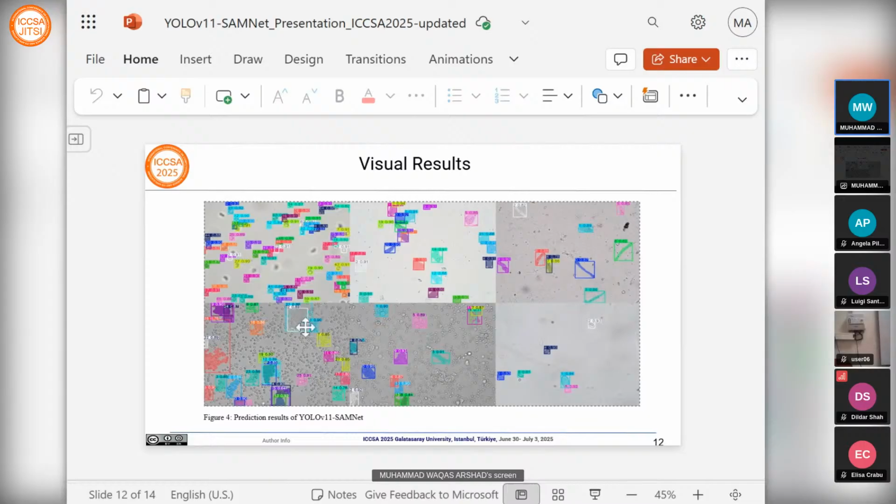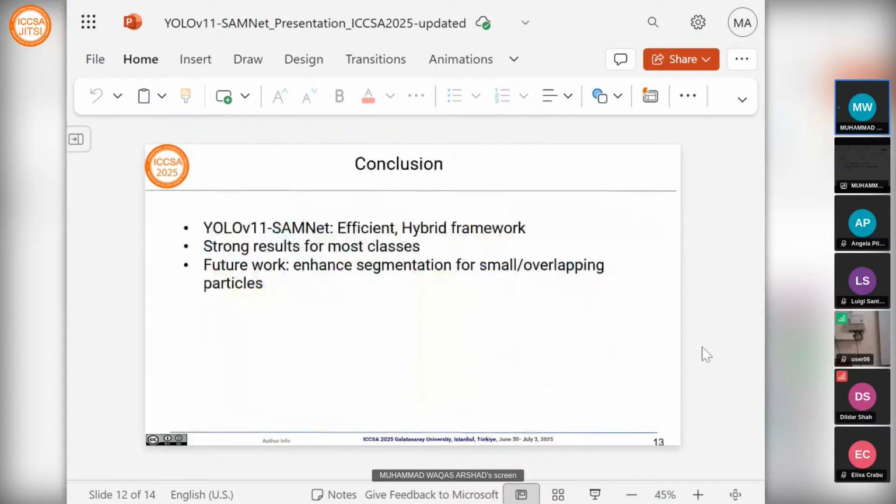It shows different colors that represent different classes of particles the model has identified. Every color specifies a different class, and the first number shows the class number, and after that it shows the accuracy that it achieved.